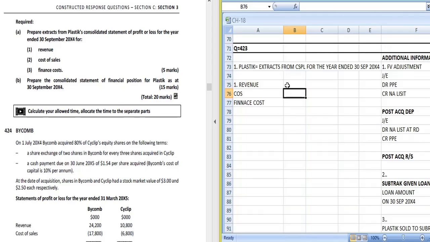Okay. So parent, subsidiary, group adjustment, group.